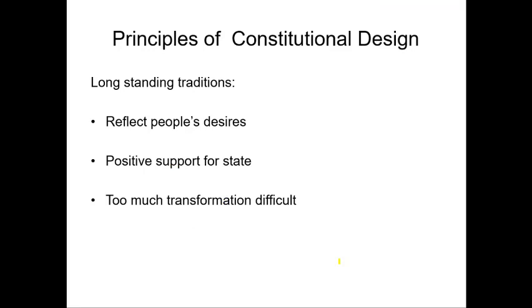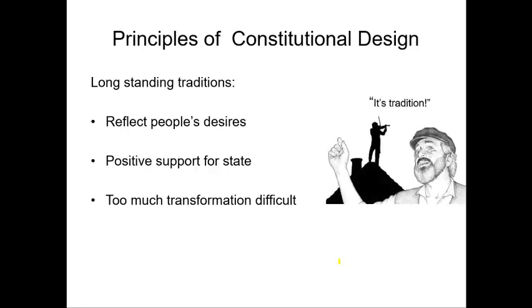As far as the principles of constitutional design, we'll have 3 basic things here that we'll talk about. One is long-standing traditions. This is where your Constitution is going to reflect your people's desires.